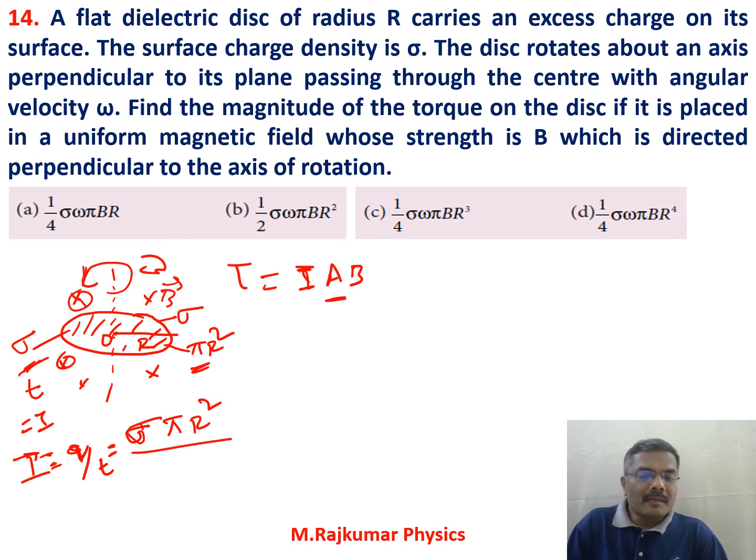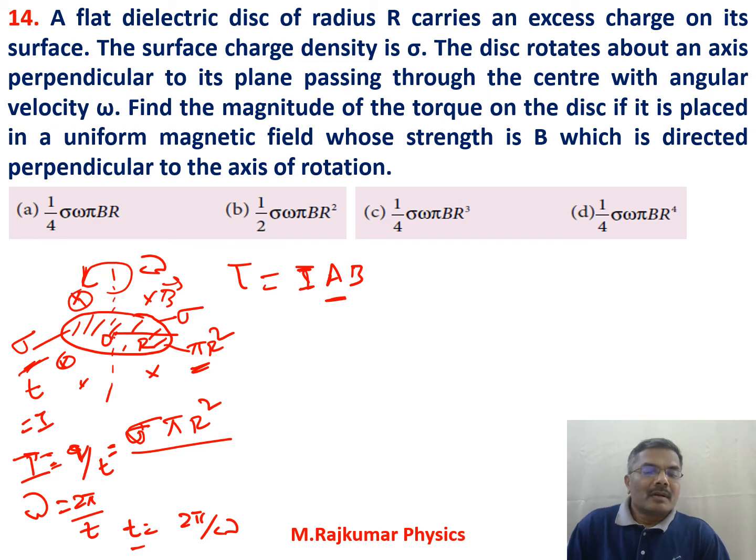This time I can write using omega. Omega equal to 2 pi by T, so T will be equal to 2 pi by omega.